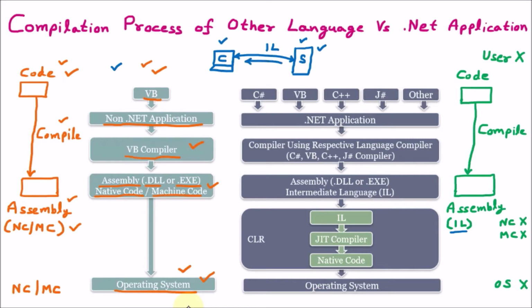Number one, it is totally secure, because bytecode in Java, or intermediate code in .NET, is more secure. It means nobody can read it. If the user cannot read it, obviously they cannot modify it. So it is more secure.